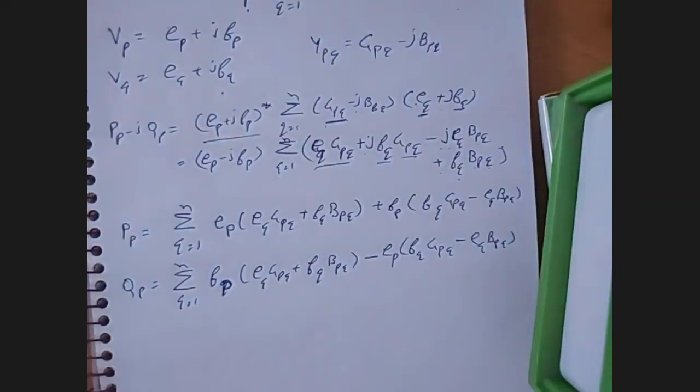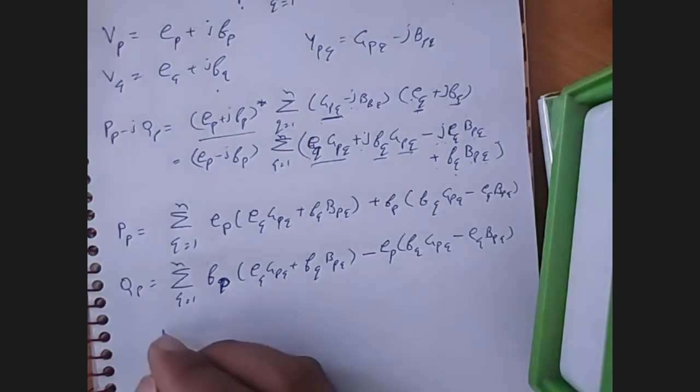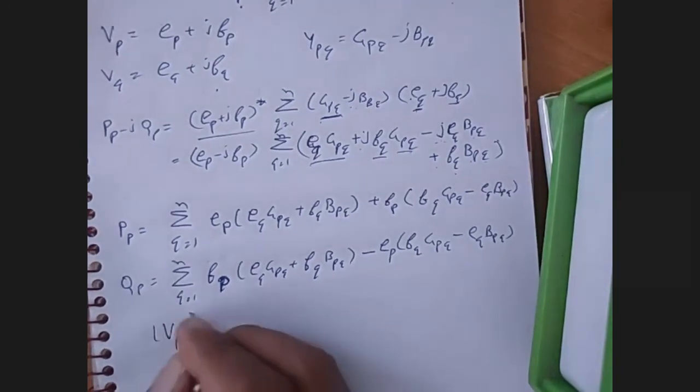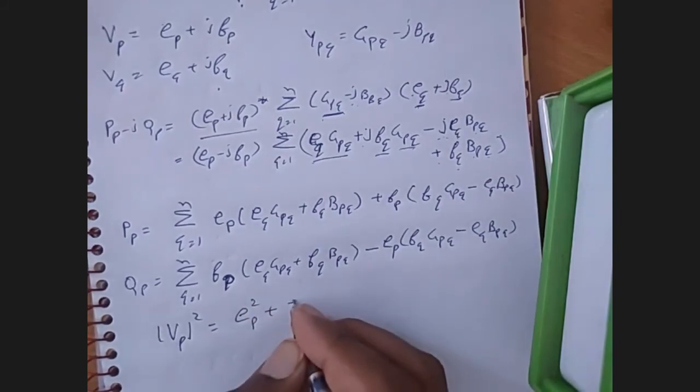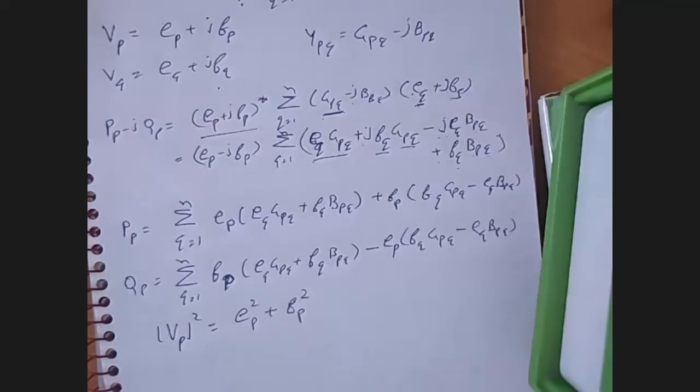This will be your P and Q, and the magnitude of Vp squared is Ep squared plus Fp squared. So these are your basic equations for load flow analysis. So now, as you are aware, we have 4n quantities.